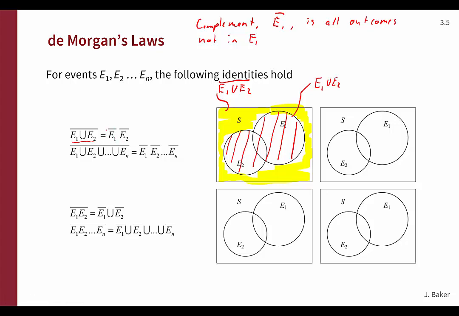The first term here is the complement of E1, and notice there's a break in the line, so the complements apply to the events individually, not collectively. So we'll do the complement of E1.